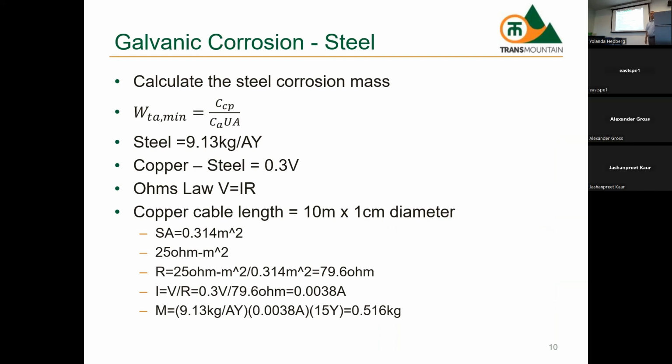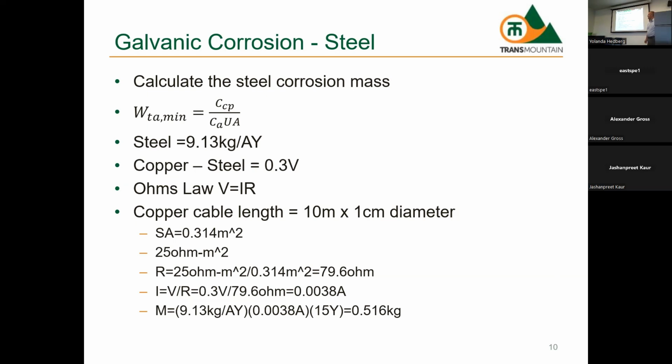This is a calculation that I just did really quickly on that previous example to see how much steel metal was lost. You can do your simple weight calculation based on steel. So steel is going to be consumed at 9.13, that's the theoretical consumption rate of steel per amp year.